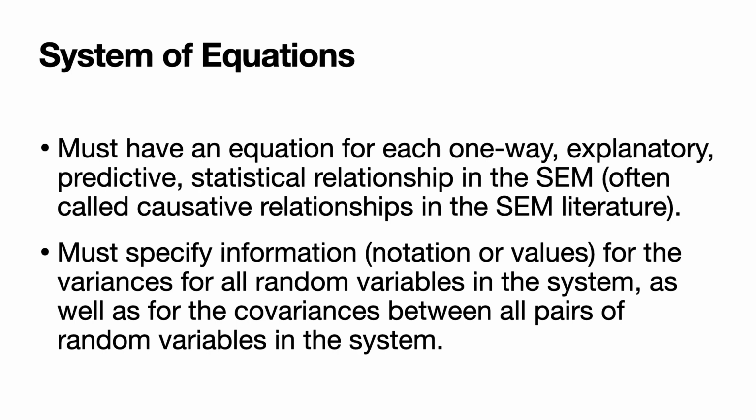So, for example, we might set a variance equal to 1, or we might set a covariance to 0. So those are the things that you must have in place in order to specify an SEM as a system of equations. We need to have an equation for each explanatory or regression type of relationship in the system, and we also have to specify information about the variances and covariances between random variables in that system.